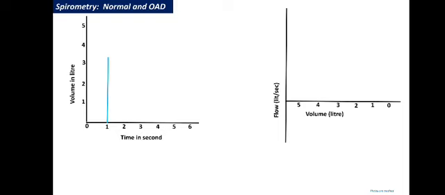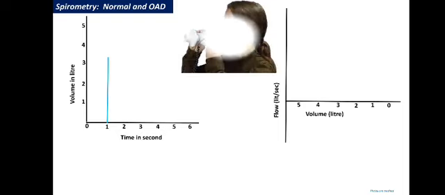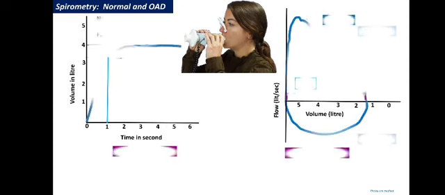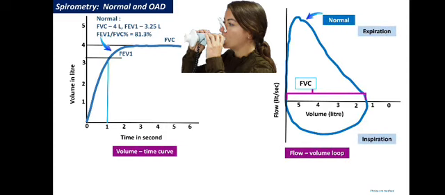Here is the spirometry of a normal person. First, she has been asked for full inspiration followed by complete and forceful expiration. What do we get? We will get the volume time curve on the left side and the flow volume loop on the right side.